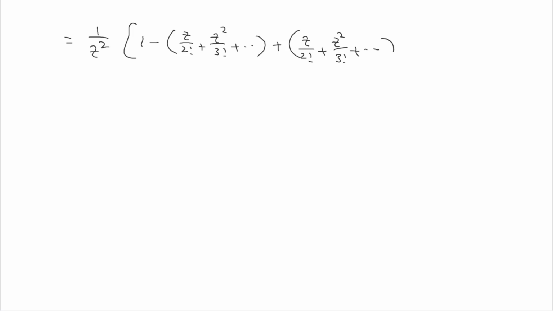So now by expanding this series, we get 1 divided by z cube times 1 minus z divided by 2 factorial plus z square divided by 3 factorial plus and so on, plus z divided by 2 factorial plus z square divided by 3 factorial plus and so on whole square, plus the higher terms z divided by 2 factorial plus z square divided by 3 factorial plus and so on whole cube, plus and so on.